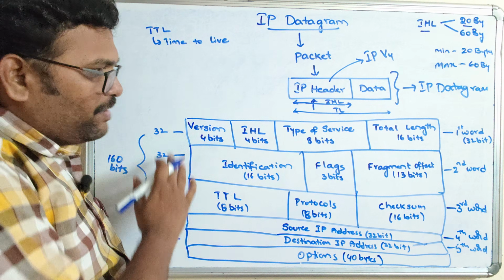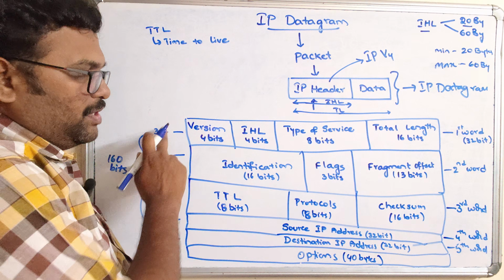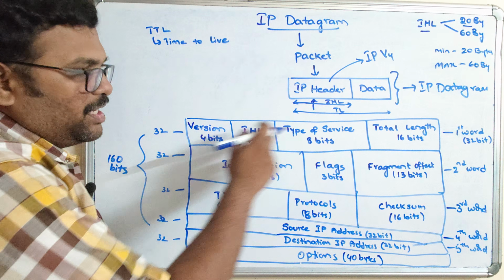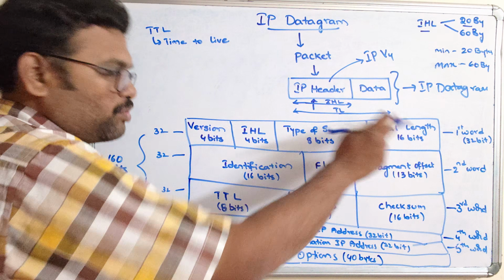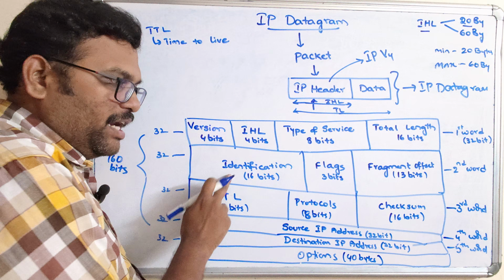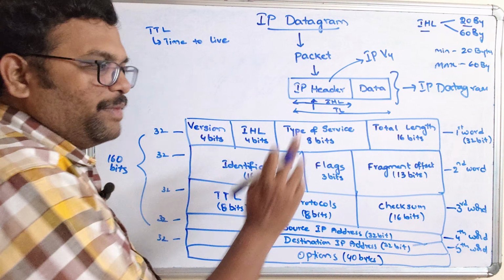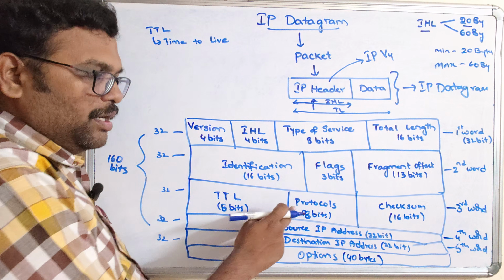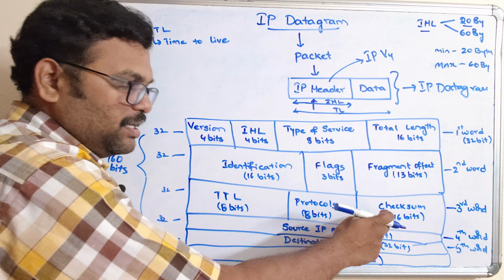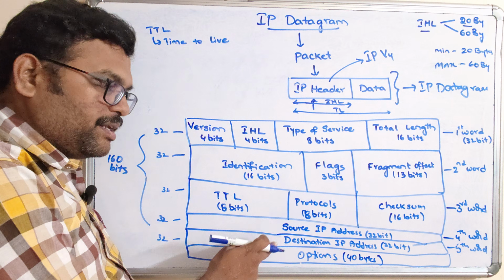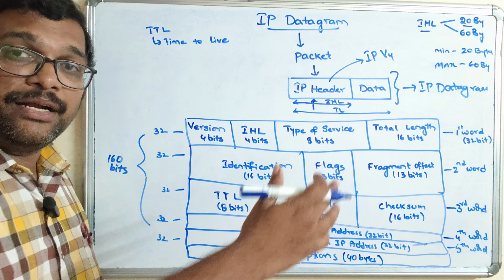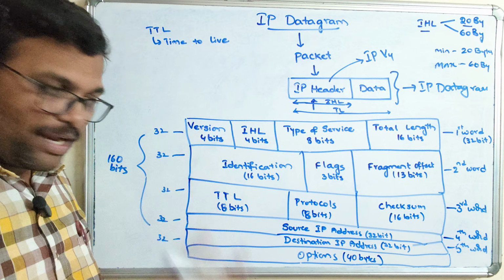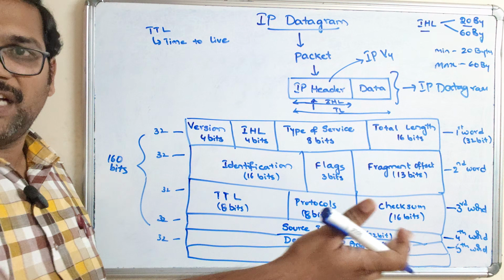So we have 5 words, and each word is divided into different fields: version, internal header length, type of service, total length, and next identification, flags, fragment offset, time to live, protocols for the upper layers, checksum, source IP address, and destination IP address. The packet will be sent to the receiver, so it requires a unique destination IP address.